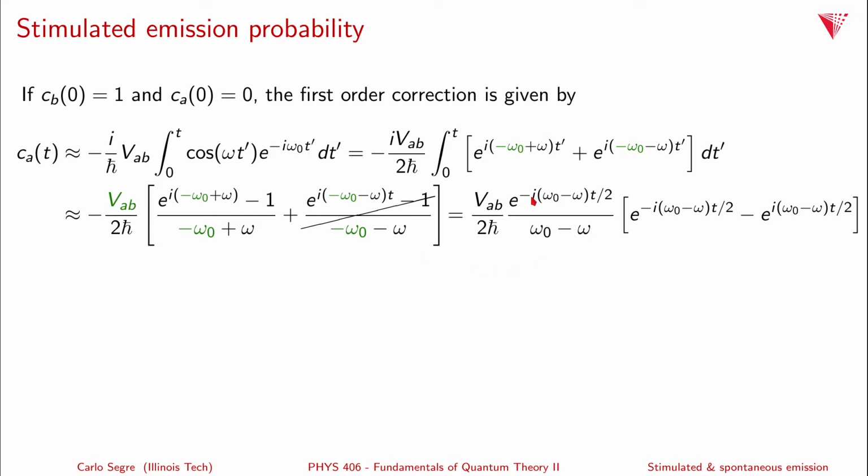So we then have e to the minus i (omega 0 minus omega) t over 2, divided by (omega 0 minus omega), all times the quantity e to the minus i (omega 0 minus omega) t over 2 minus e to the i (omega 0 minus omega) t over 2.